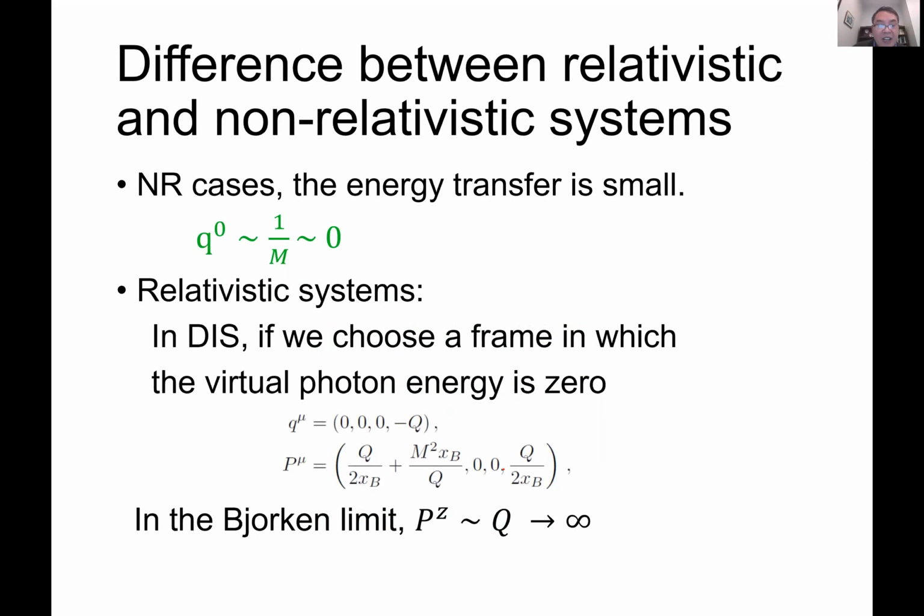Now, when you deal with DIS, deep inelastic scattering, we know relativity is very important. When relativity is very important, we need to ask, what is the difference between relativistic and non-relativistic systems? There is one very important difference.